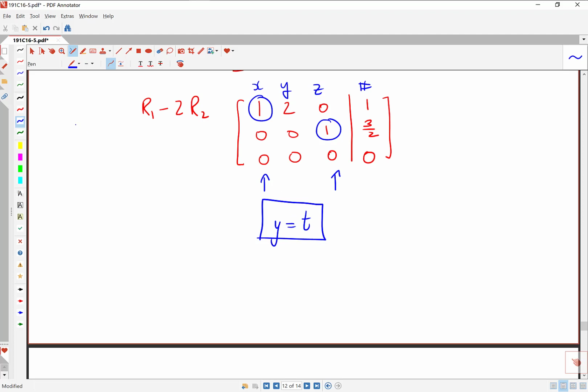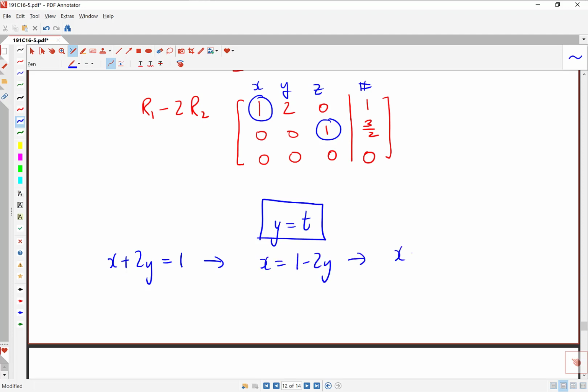Okay, and then we can use the 2 equations in our matrix to solve for the other variables. So the top equation says X plus 2Y = 1. So if we bring the Y over to the other side, that would say X = 1 minus 2Y.